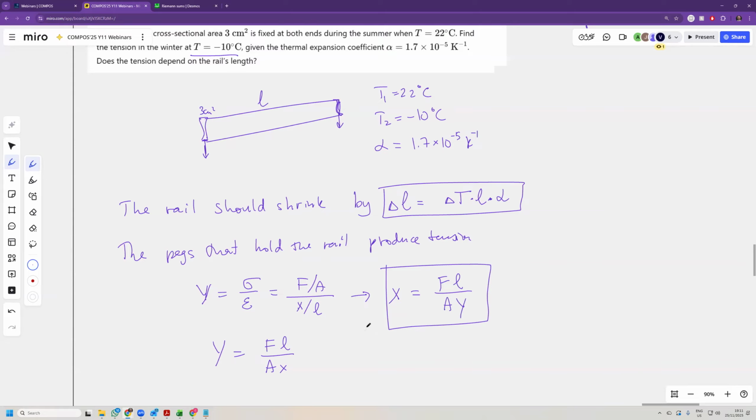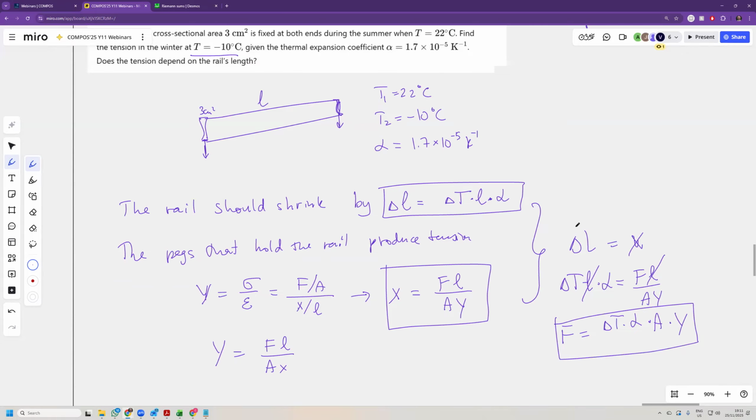And then you can, yes, this is A level stuff, make them equal to each other. So delta L is equal to X. So delta T times L times alpha is equal to FL over AY. L cancels out. And the force is change in temperature times alpha times the cross-sectional area times the Young's modulus.